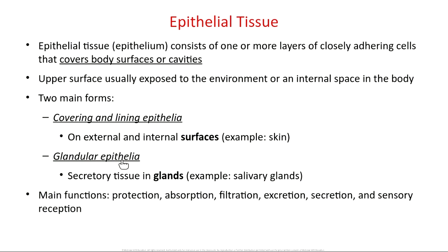Maybe think to yourself right now, what kind of epithelial tissue makes up the most superficial part of the skin? That would be stratified squamous. Then maybe you remember the other layers of the skin. You've got the epidermis made of stratified squamous epithelial, and the deeper dermis, which is made of a connective tissue called dense irregular connective tissue.